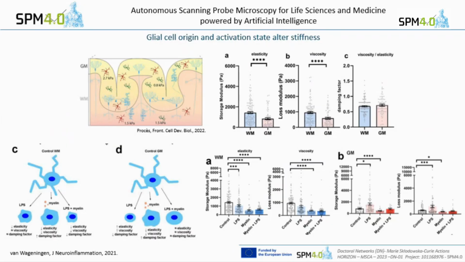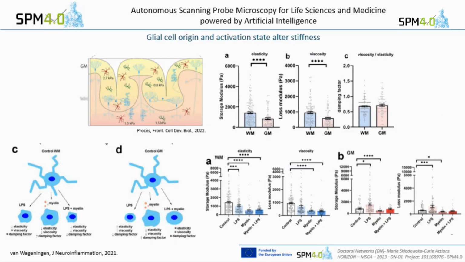The microglia within the white matter becomes softer upon inflammation, whereas the microglia from the gray matter becomes stiffer during their inflammation, at least in culture. In the presence of myelin, both microglia respond similarly with a reduced elasticity.